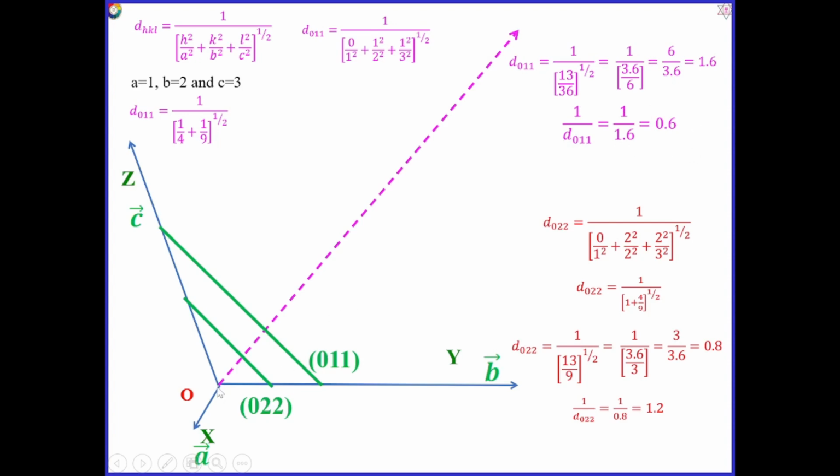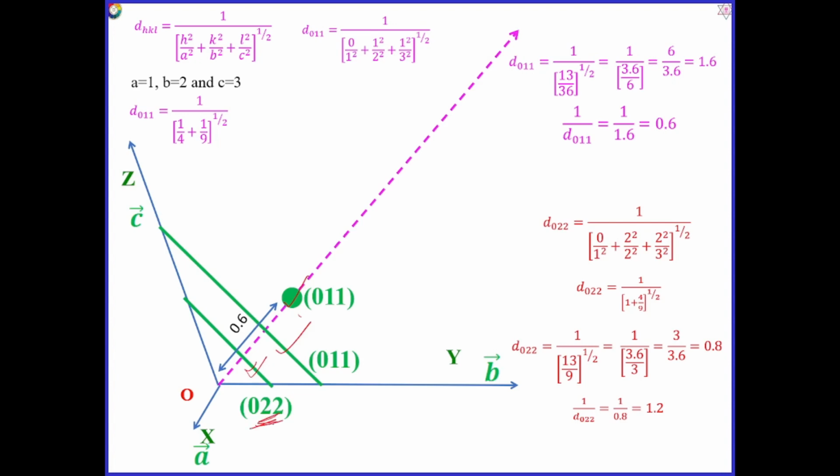So from this origin, at the distance 0.6, we have to locate the point which represents the 011 plane. This point represents this plane. Now we are going to consider the 022 plane.